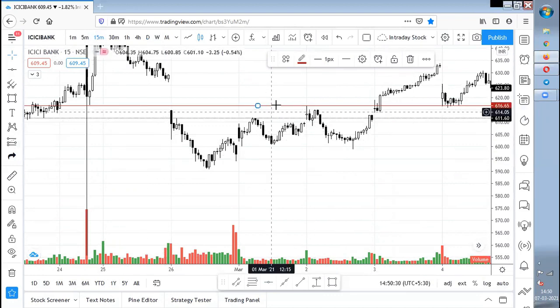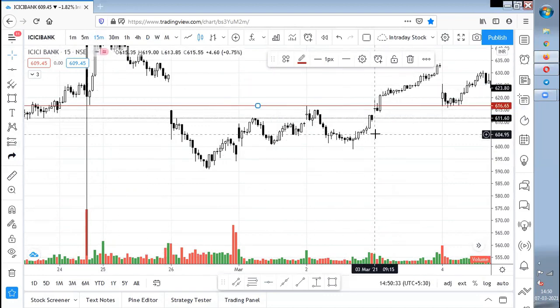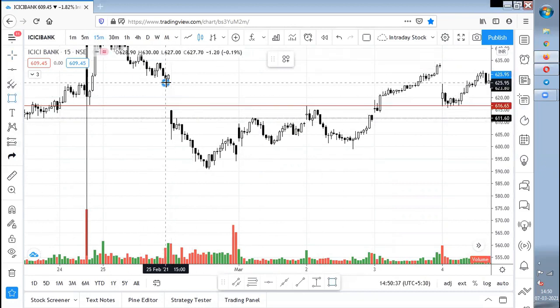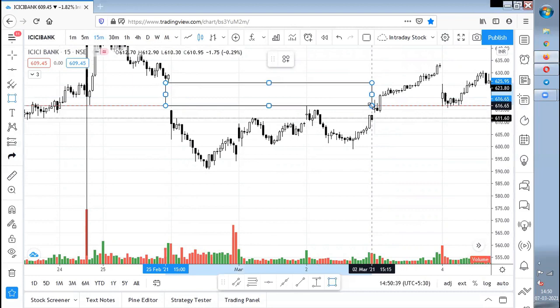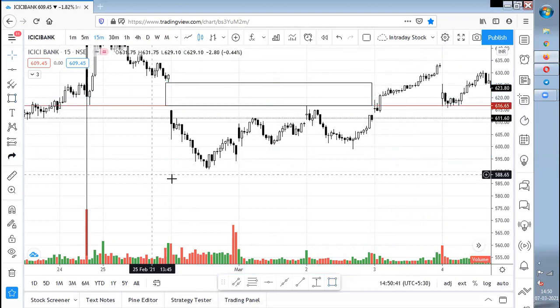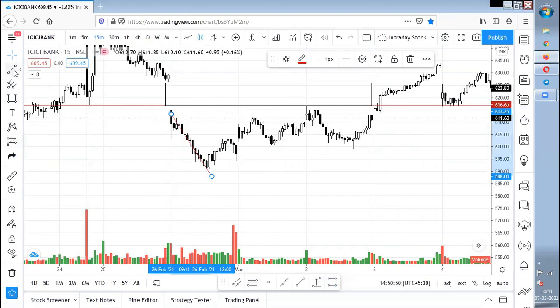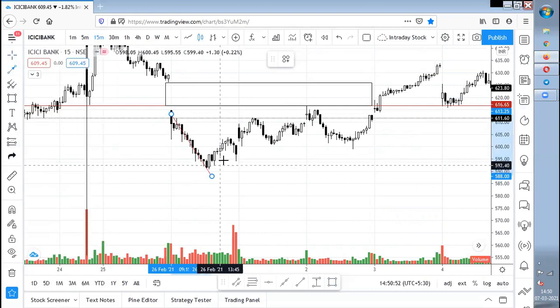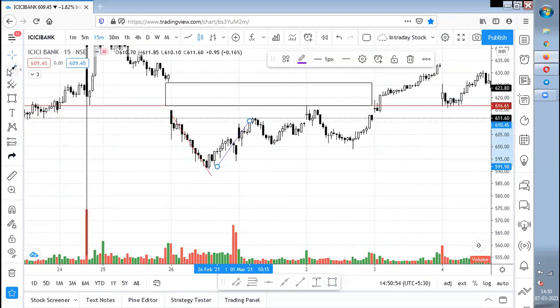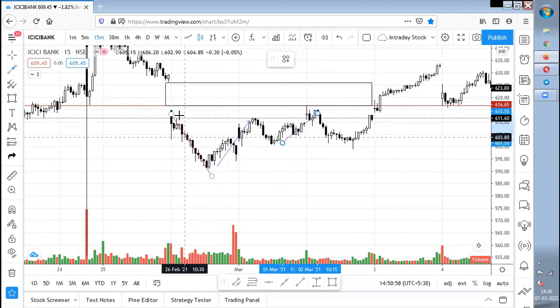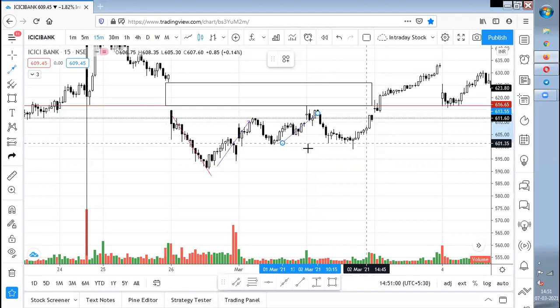And also, we have a gap zone over here. This is the gap zone. After giving a gap down, that current day it traded downside, but after that, if you notice, it was making higher lows. It was making higher lows. And on this side it was looking like a cup and handle bottom.